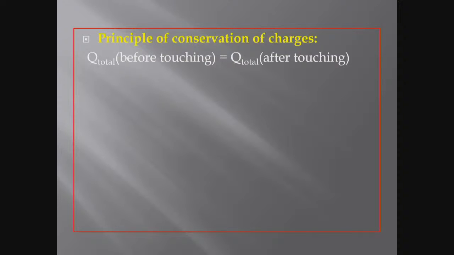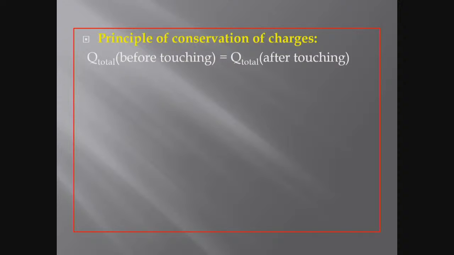So the principle of conservation of charge states that the total charge of the 2 separate spheres, if you add that before touching, must be equal to the total charge of the 2 spheres after touching if you add this together. So Q total before touching must be equal to Q total after touching.